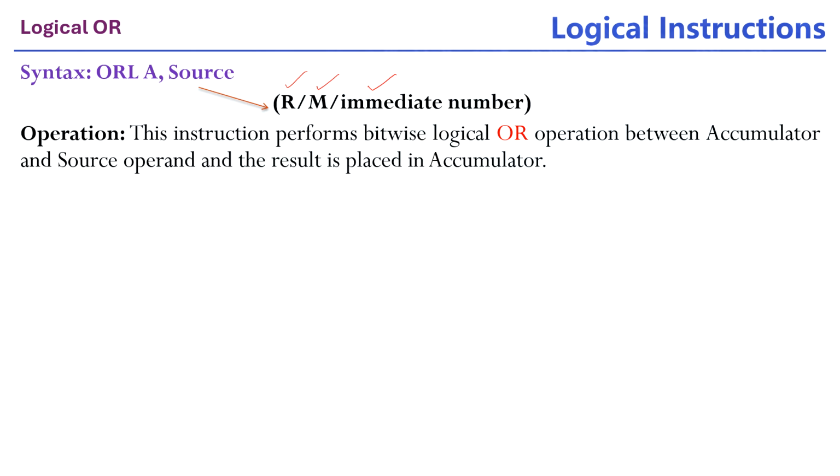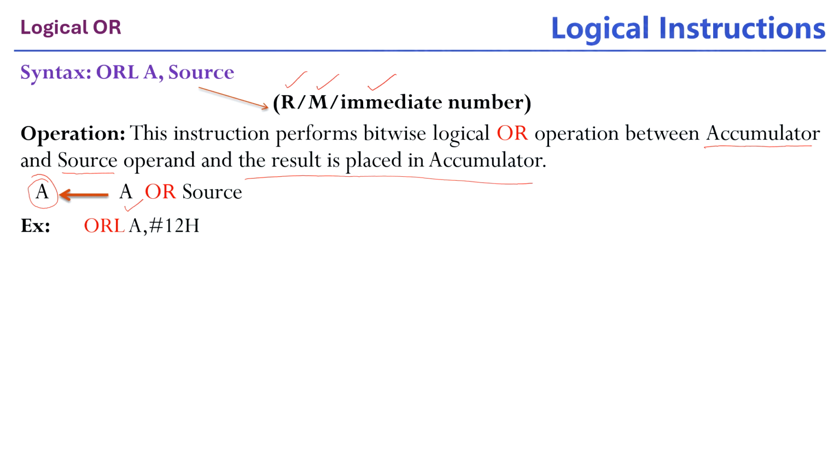This instruction performs a bitwise logical OR operation between the accumulator and the source operand, and the result is placed in the accumulator itself. It performs a bitwise OR operation between A and source, and the result is stored in the accumulator. These are examples in different addressing modes.